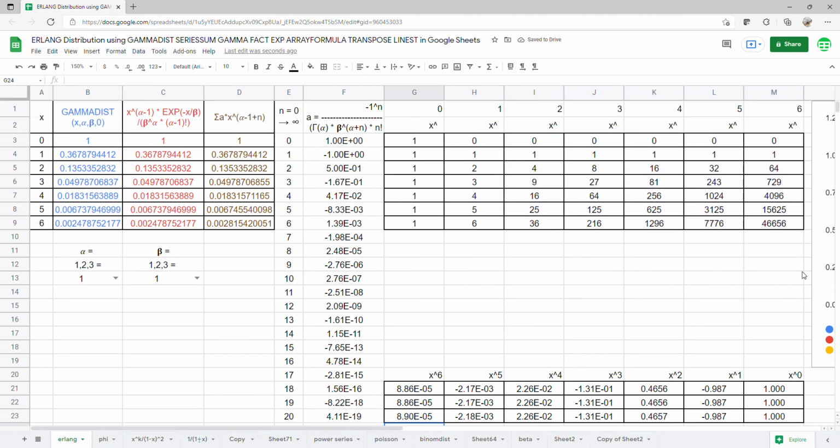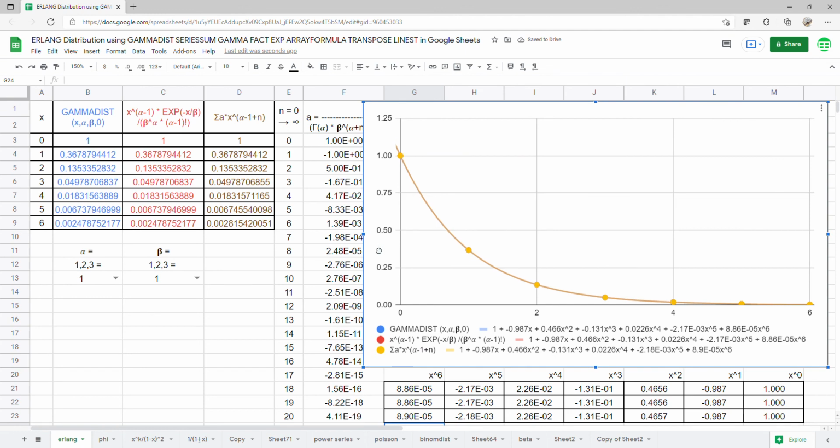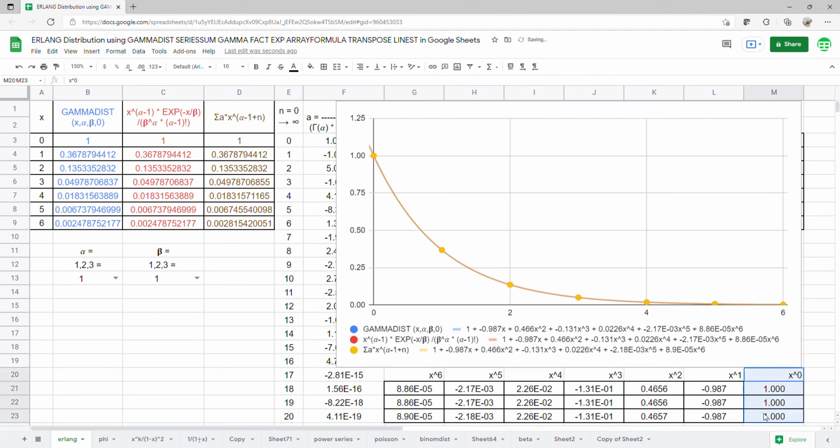We compare the polynomial regression coefficients with the chart. X to the 0, 1. Coefficient of x, minus 0.987. Coefficient of x squared, 0.466. Coefficient of x cubed, minus 0.131.